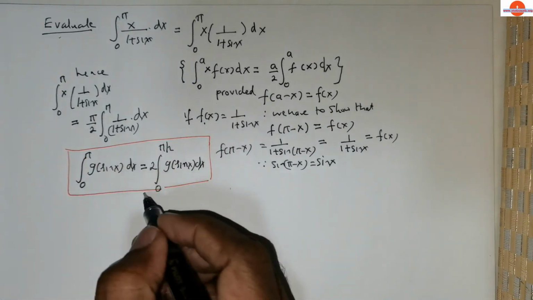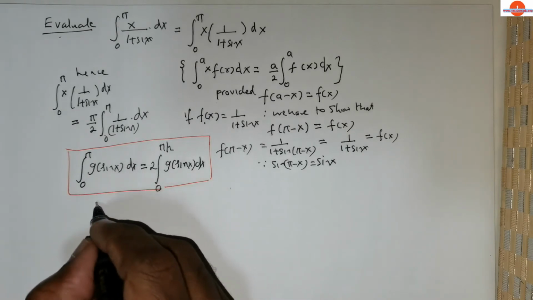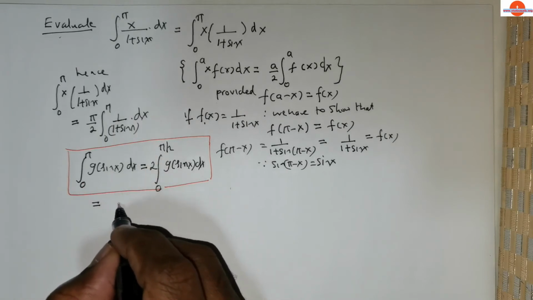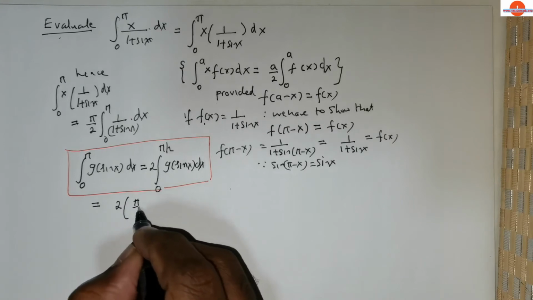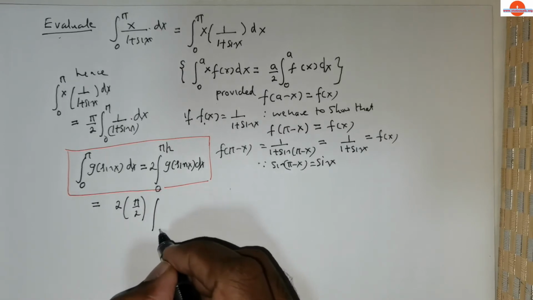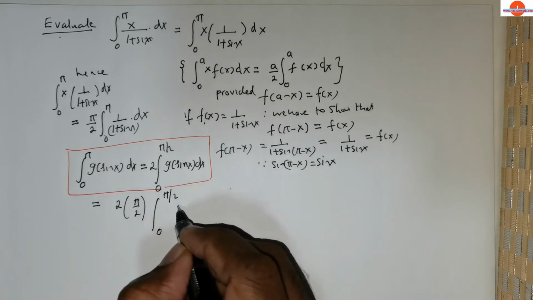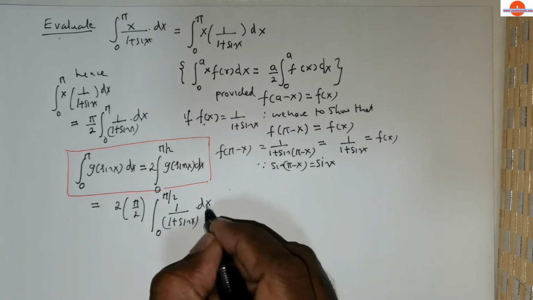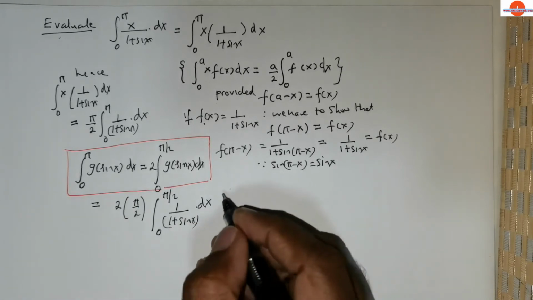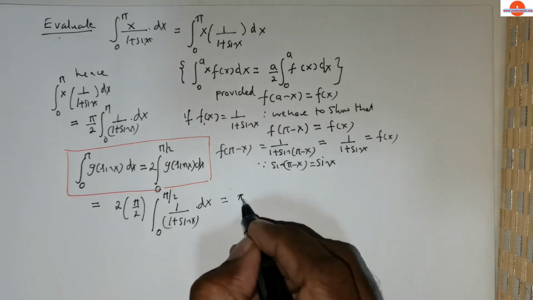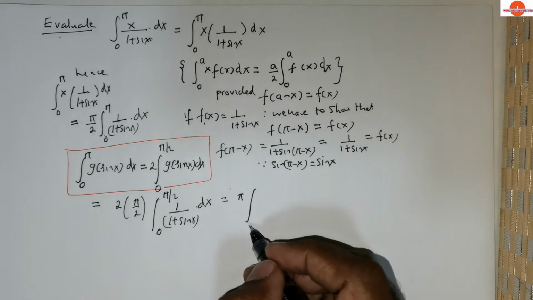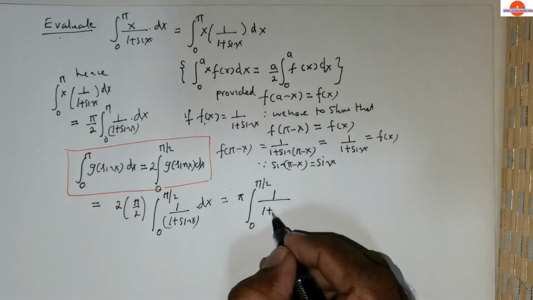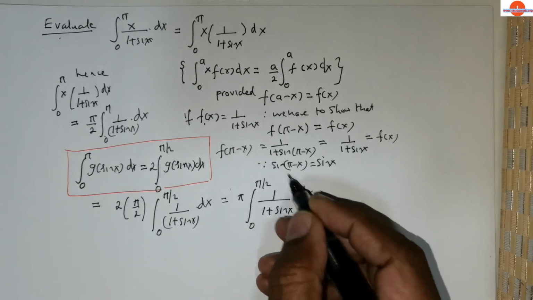Because of this result, I can rewrite the given integral as 2 times pi over 2 times the integral from 0 to pi over 2 of 1 divided by 1 plus sine x dx. So this would give us pi times the integral from 0 to pi over 2 of 1 over 1 plus sine x dx.